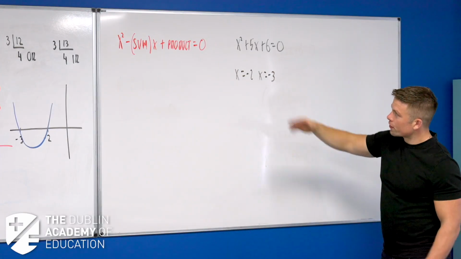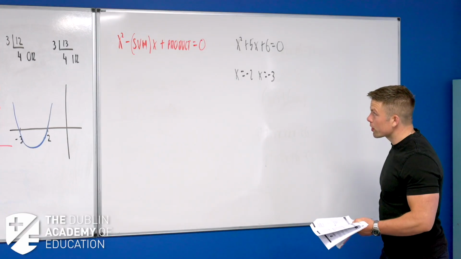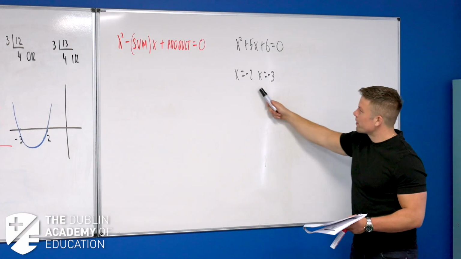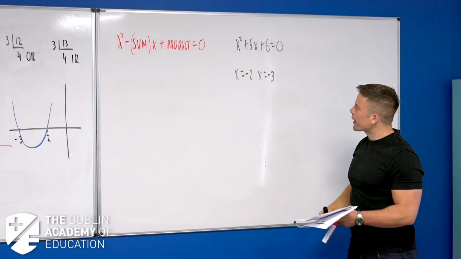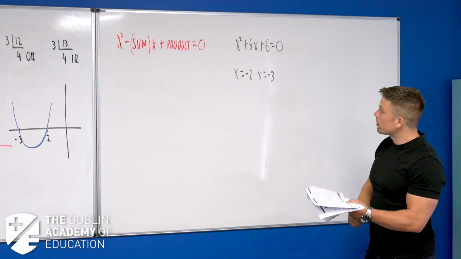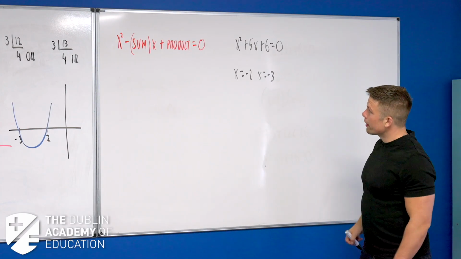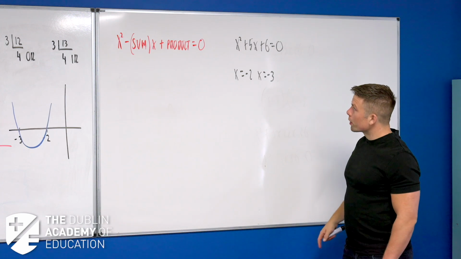If I was to use this formula, which I would recommend using, it's very, very quick, especially if these become letters or something more complicated, or imaginary numbers maybe in the future. If we were to use this here, we could get the quadratic in basically one go.